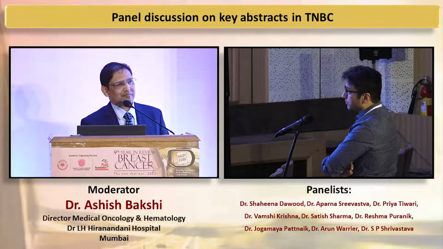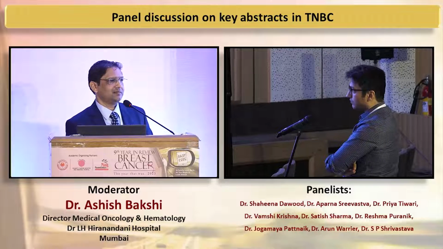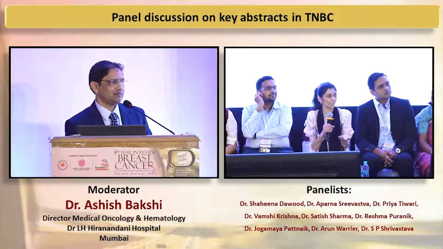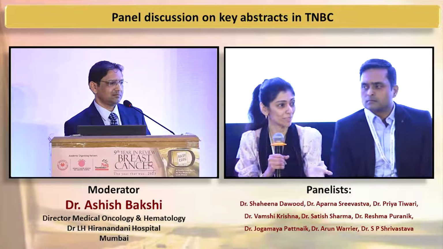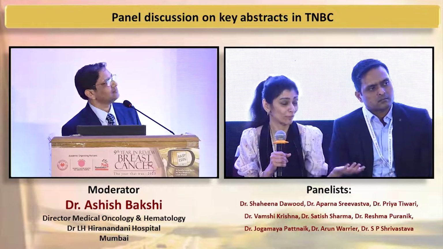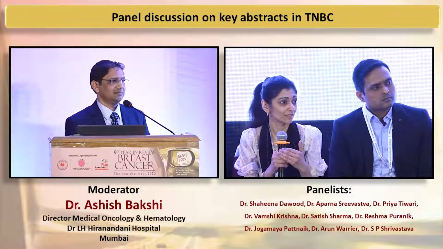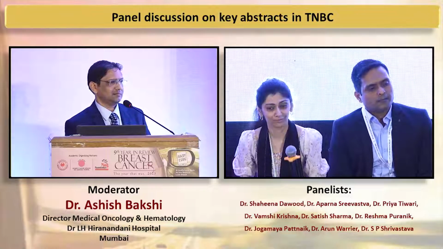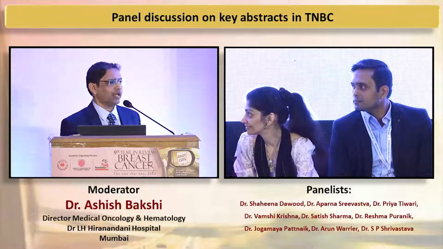I would not offer it at this point. We don't have the data to support it. I think it's more important to change the chemotherapy at that point and to give capecitabine, to test for BRCA, and to give olaparib if the patient is a candidate for it. If BRCA negative, then capecitabine. I would not add pembrolizumab.